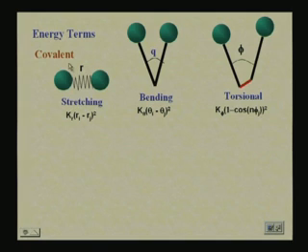You need to know that the covalent terms come from the stretching, the bending and the torsional. What about the non-covalent? What are they going to come from? We are going to have an ionic interaction, a van der Waals interaction, and a hydrogen bonding.